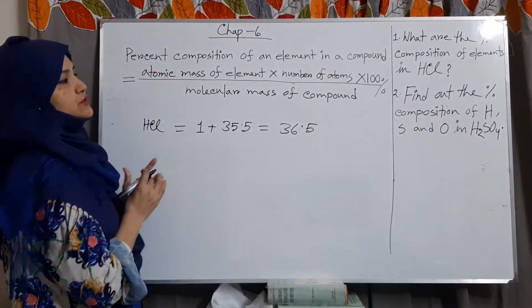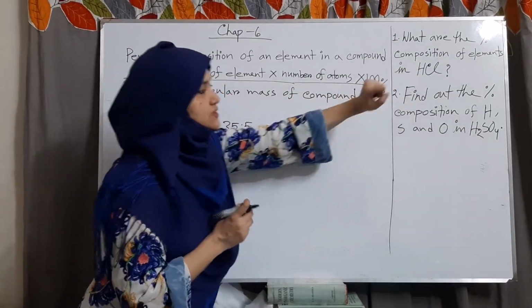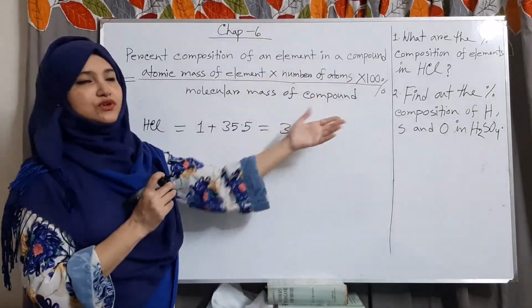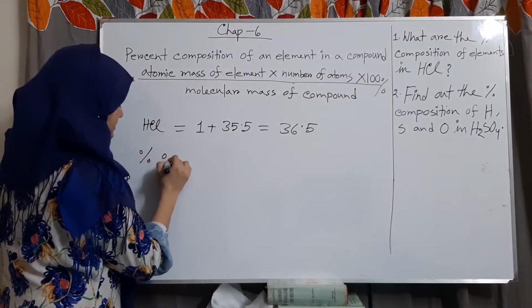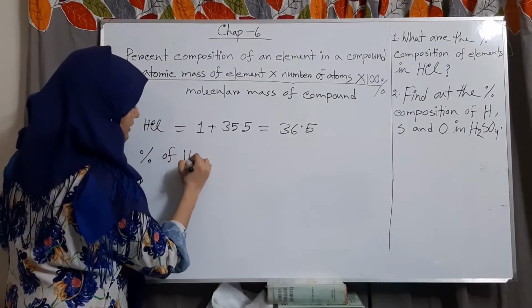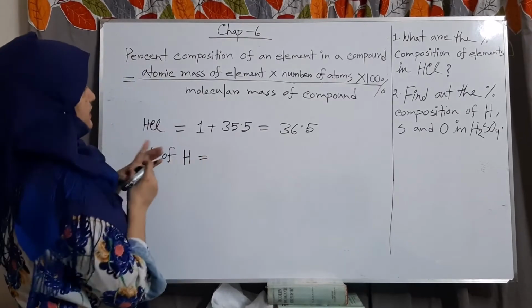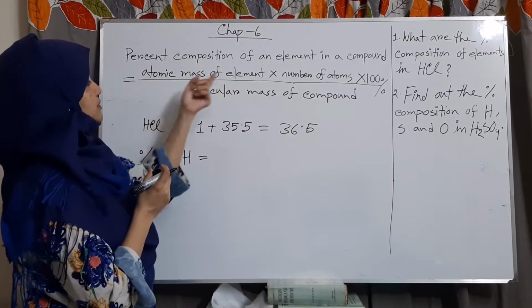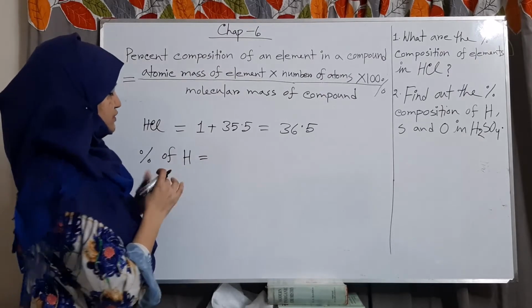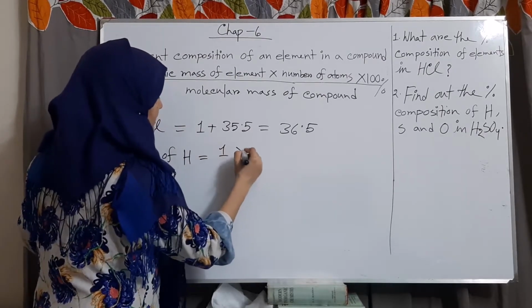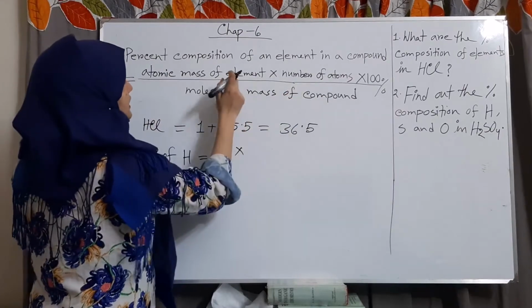Now we have to calculate the percent composition of hydrogen and then the percent composition of chlorine. Percent composition of hydrogen is equal to, look at this formula: atomic mass of the element, that means we take the atomic mass of hydrogen, 1, and the total number of hydrogen atoms.